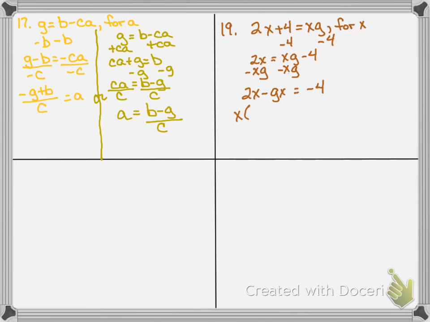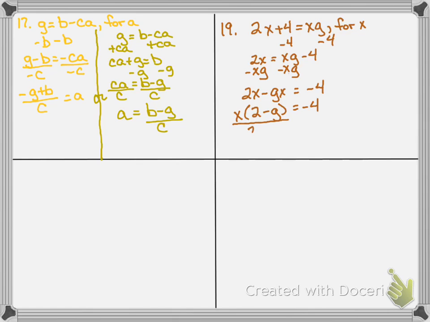Now, you can see in my binomial 2x minus gx, I have an x in both terms. I can factor that out and make it a monomial times a binomial. So we're factoring out an x, and we're going to have 2 minus g, and that's going to be equal to -4.